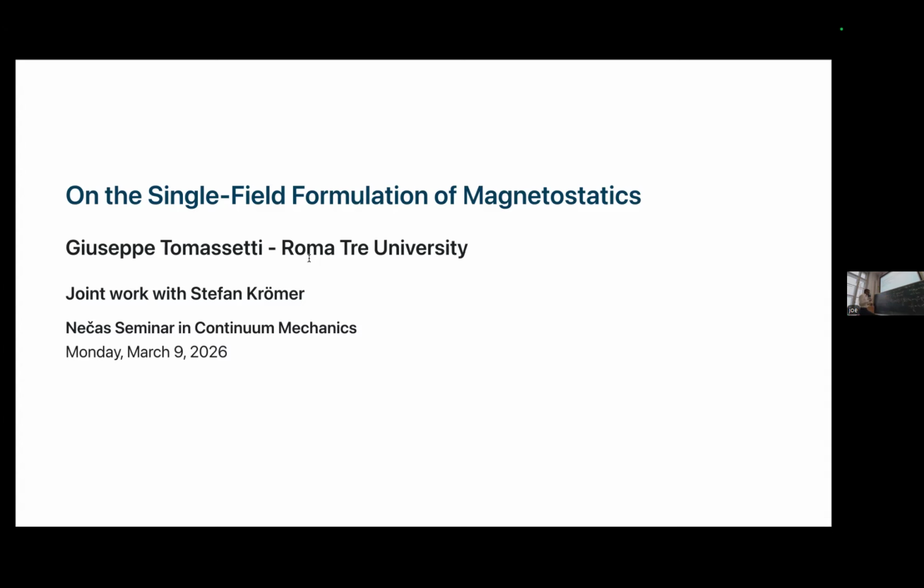So Brown would enforce this constraint that the norm of the magnetization would be equal to a constant, the saturation magnetization. So essentially, this energy would be plus infinity whenever the magnetization would not satisfy this constraint. And this is a non-convex constraint. So you can see that in general, the problem is not well posed and demands relaxation. This is why this model has attracted the interest of many mathematicians.